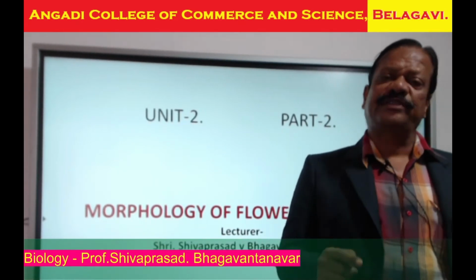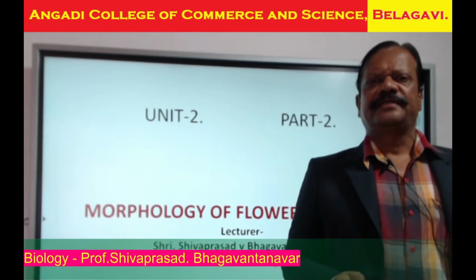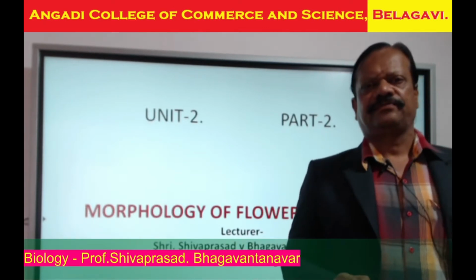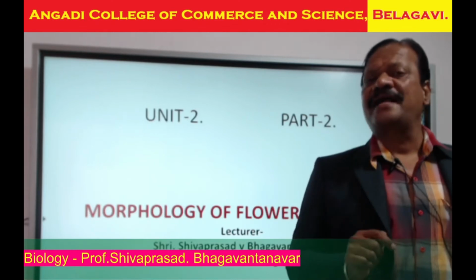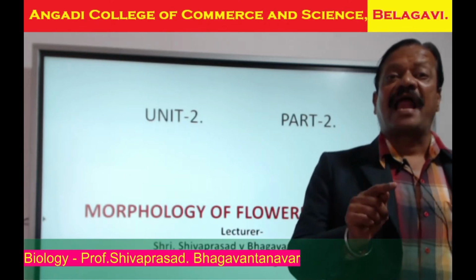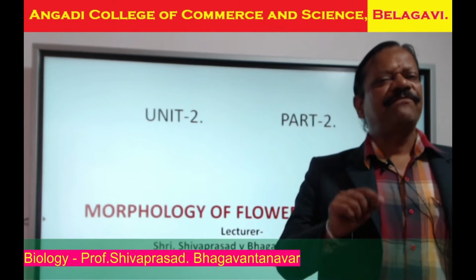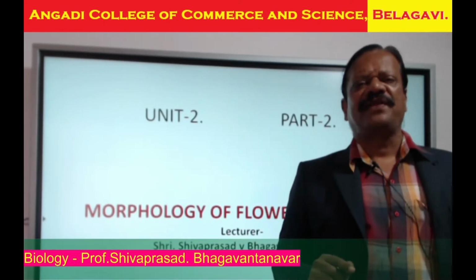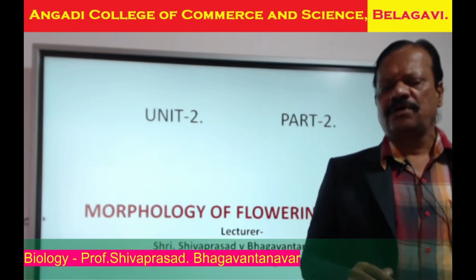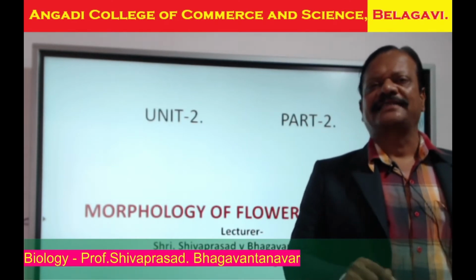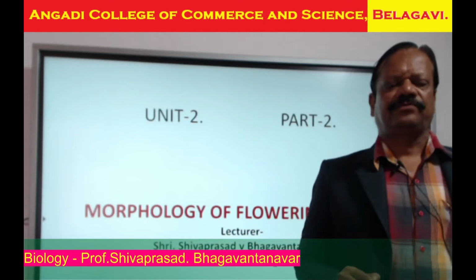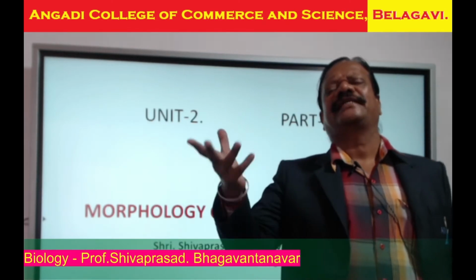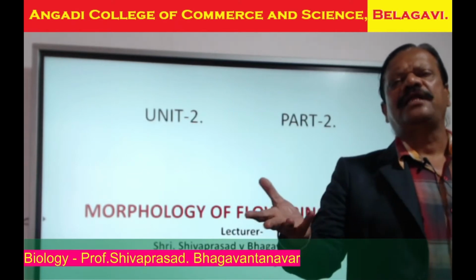If it is producing male flower, then the flower is called staminate and the whole plant is called staminate plant. If the flower is female, then you are calling the flower as pistillate, or the plant is called as pistillate plant. So in this way, these are also called as unisexual plants or unisexual flowers.